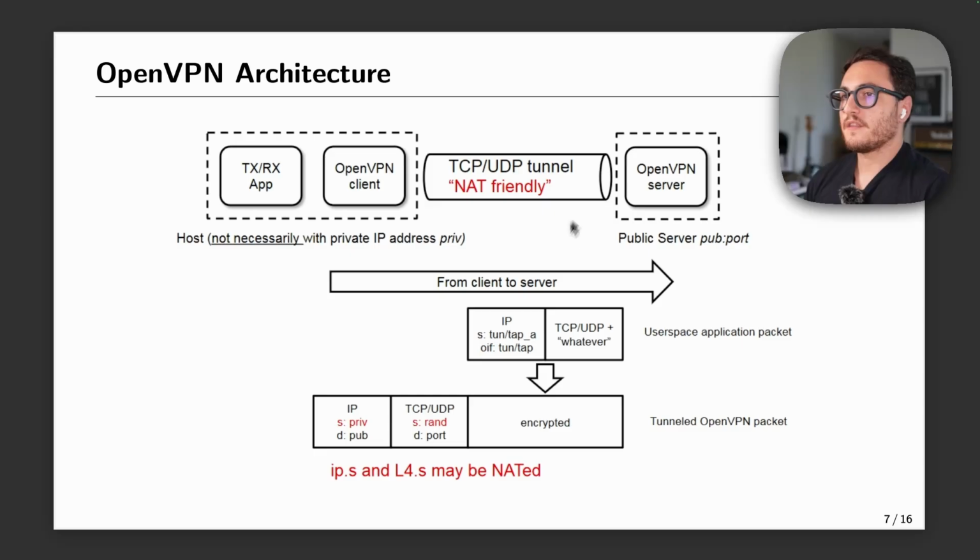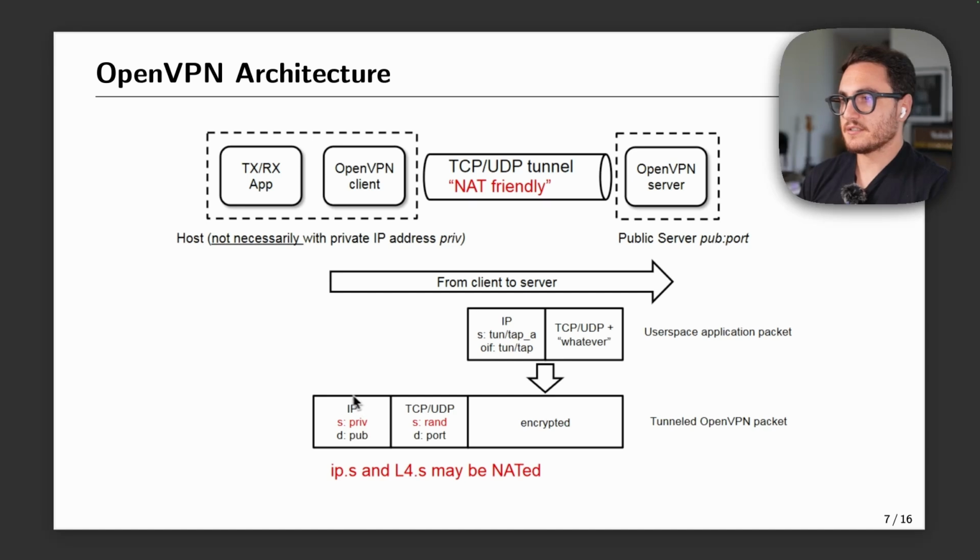And the important thing is that the OpenVPN server has to be a public server, has to be reachable by the client, but the client doesn't have to be necessarily public or private. It can be whatever. And this is how the tunnel works.